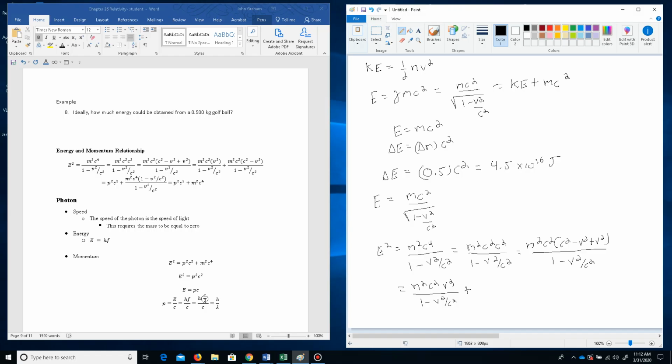And then I'm distributing the m squared c squared into this portion, but I'm not separating them.